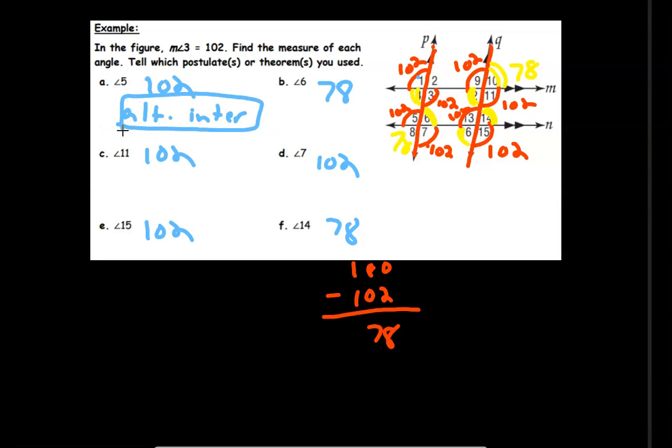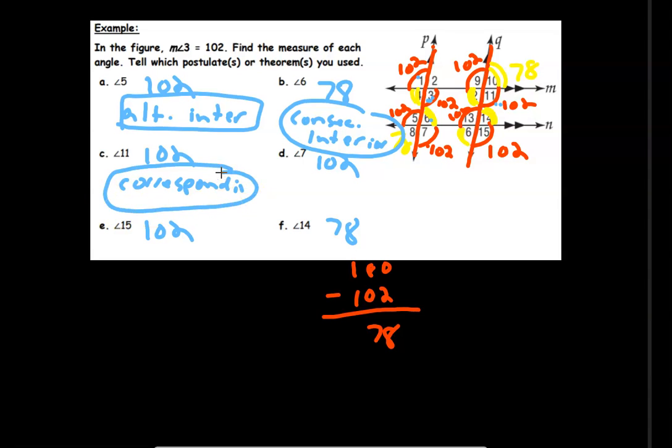Angle 6 is 78 because 3 and 6 are consecutive interior, and they are supplementary. Angle 11 is 102 because 3 and 11 are corresponding. And angle 7 and 3 are corresponding.